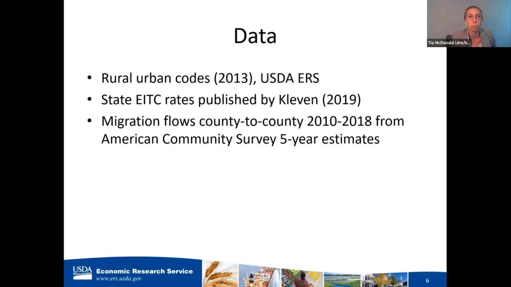What's nice about these rates is he publishes them as a percentage of the federal level, a nice standardized way to present the state level. And then we're using migration flows, county to county, 2010 to 2018, from the ACS 5-year estimates.